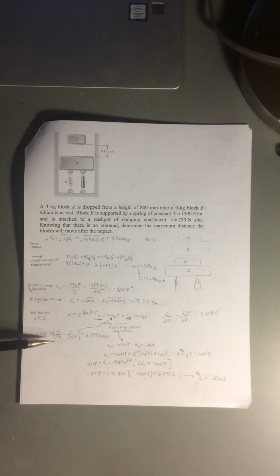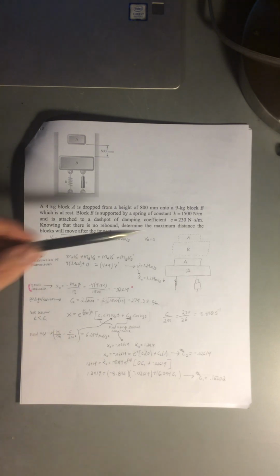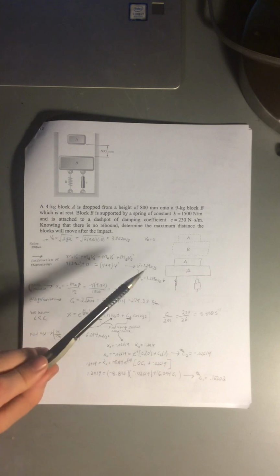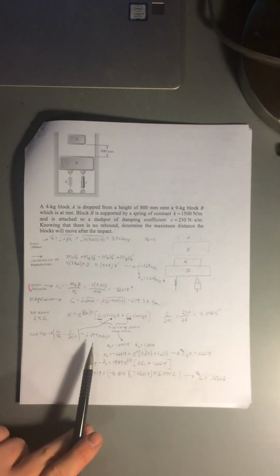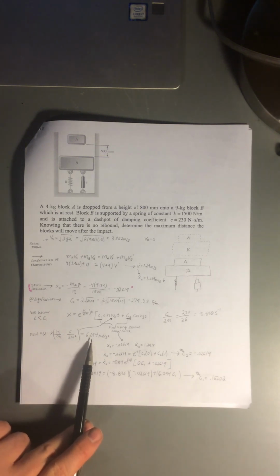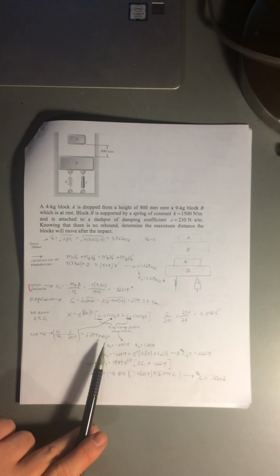We know that omega sub d has to equal this equation here. Then c was given to us in the problem, the mass was given to us in the problem, and our damping coefficient was given as well. So plugging all of that in, our value for omega sub d comes to 6.094 radians per second. And so we can go ahead and plug that into this equation.